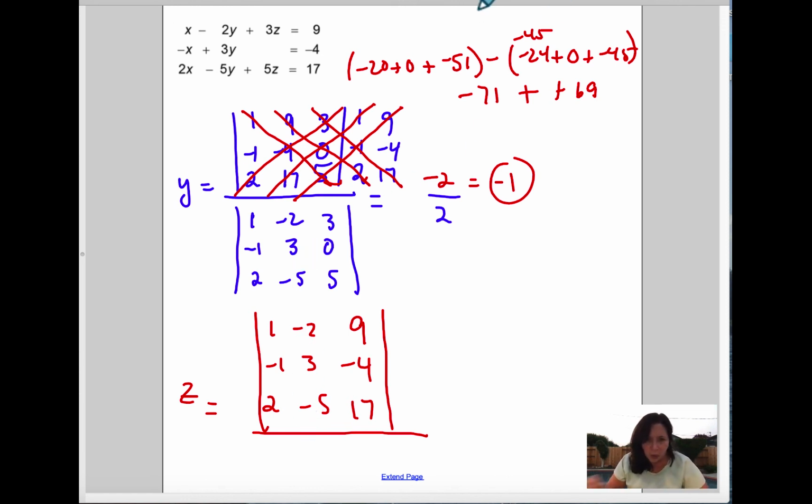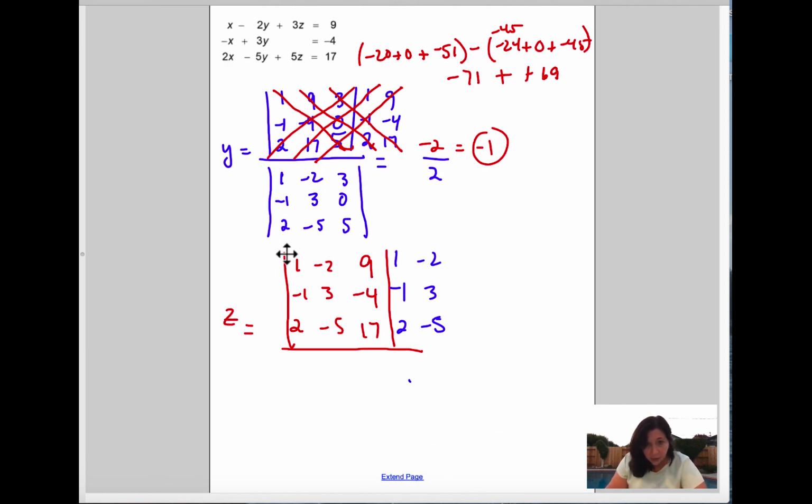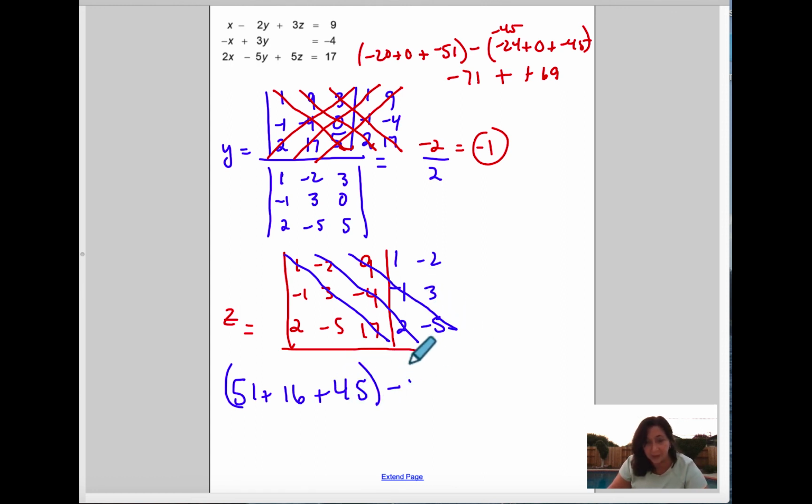So for this one, rewriting the first two columns is 1, negative 1, 2, negative 2, 3, and negative 5. So 1 times 3 times 17 is 51, plus negative 2 times negative 4 is 8 times 2 is 16, plus 9 times 5, which looks like it's 45. Minus, go back.